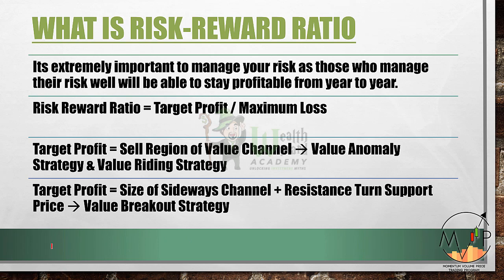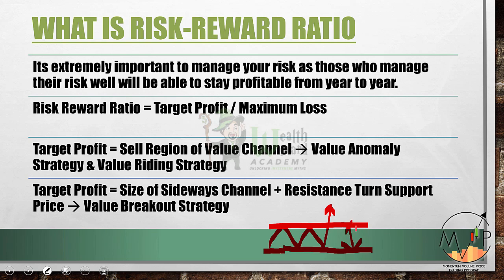For example, for me to explain this better for the value breakout strategy, imagine this is our sideways static channel. Okay, the price is moving like this. Upon the breakout, our target profit will be to calculate this magnitude of the sideways static channel, then take this magnitude and extrapolate from the resistance level, and then you get your target profit.